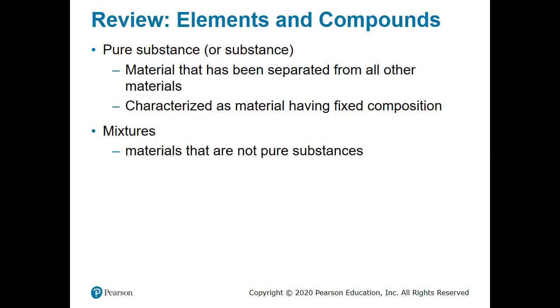You should recall from chapter 2 that we can break down matter into two basic categories: the pure substances, which are uniform in their composition, so they have a fixed ratio of one element to another, or they are a pure element themselves, and they are completely separate from other materials.